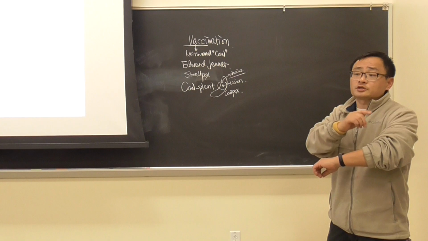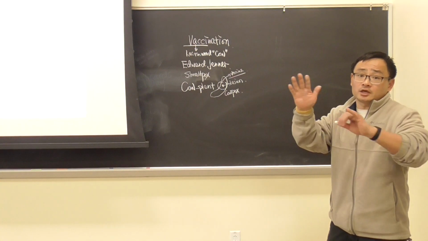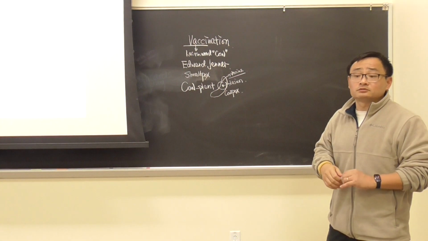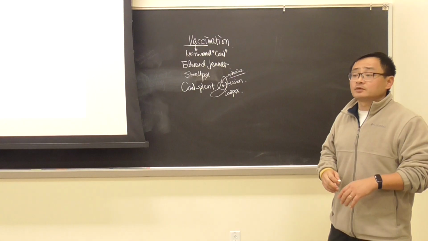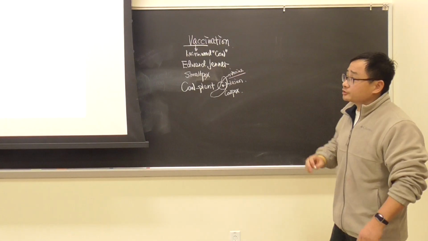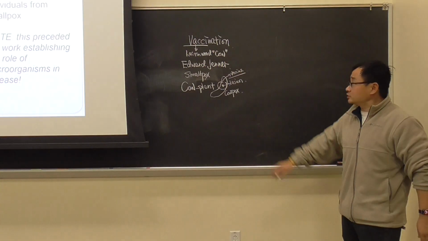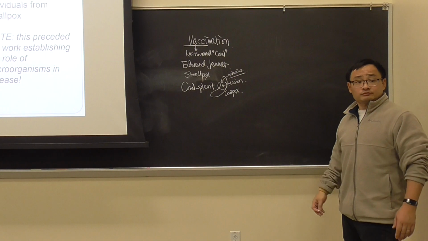This is usually dead white blood cells. So there's a liquid that comes out, exudate comes out. Then he took those, of course he did some purification, then injected them into the boy. And then he exposed the boy to the smallpox virus, and the boy survived.